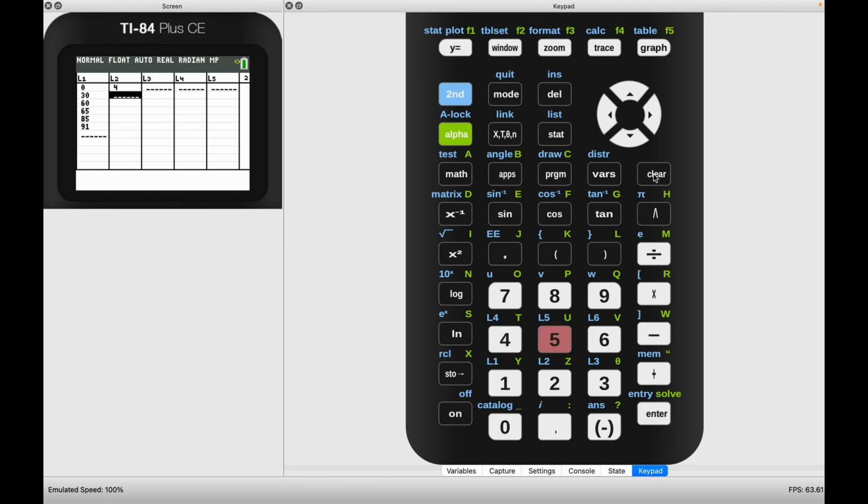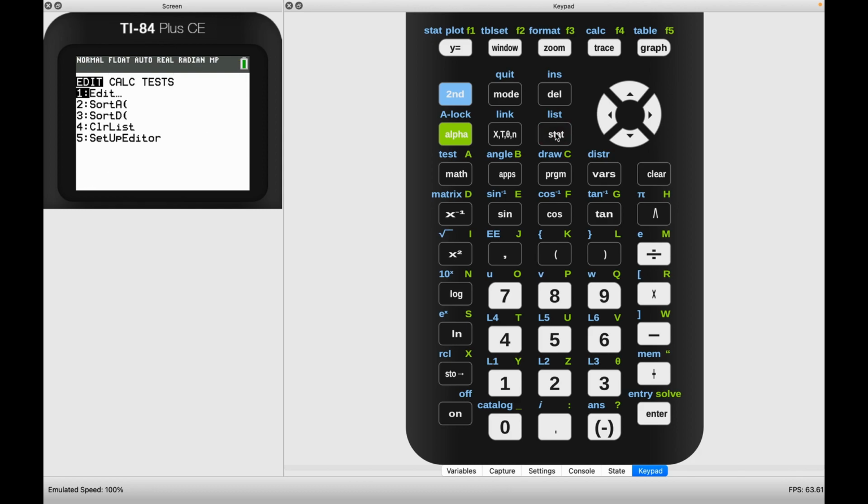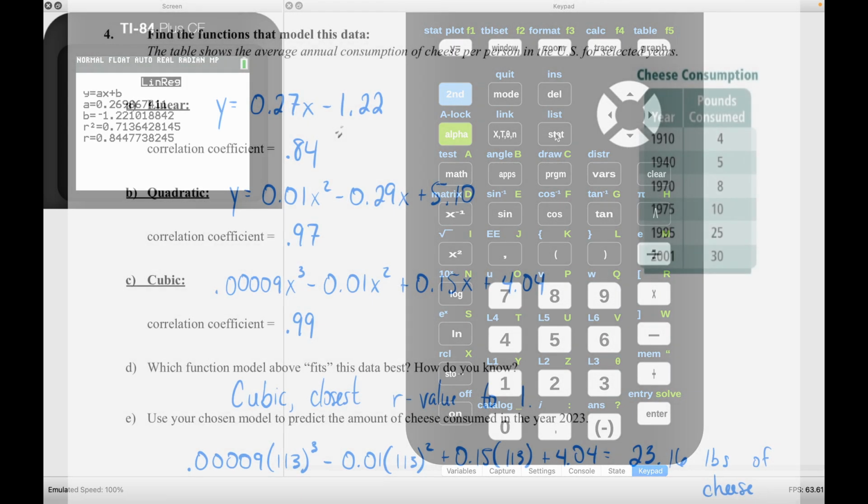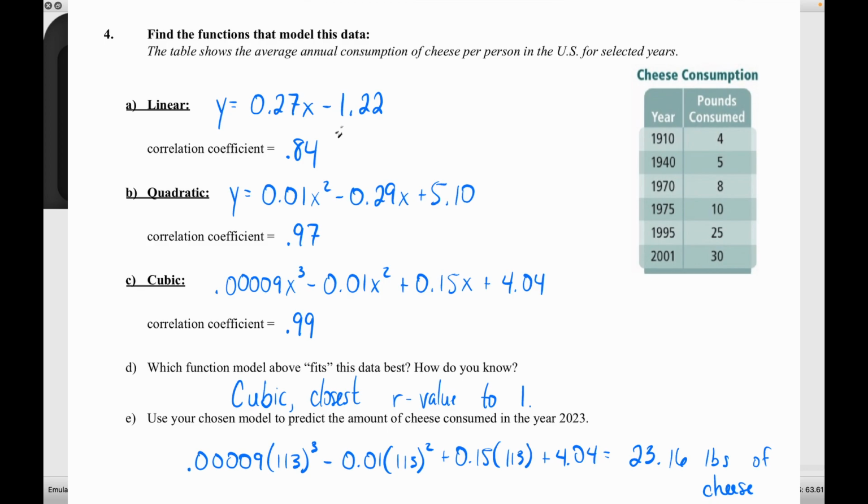Then here I go from 4, 5, 8, 10, 25, and 30. So when I do one like this, again, I take my stat button and go to linear regression. My linear equation, with an R value of 0.84, is 0.27x minus 1.22.